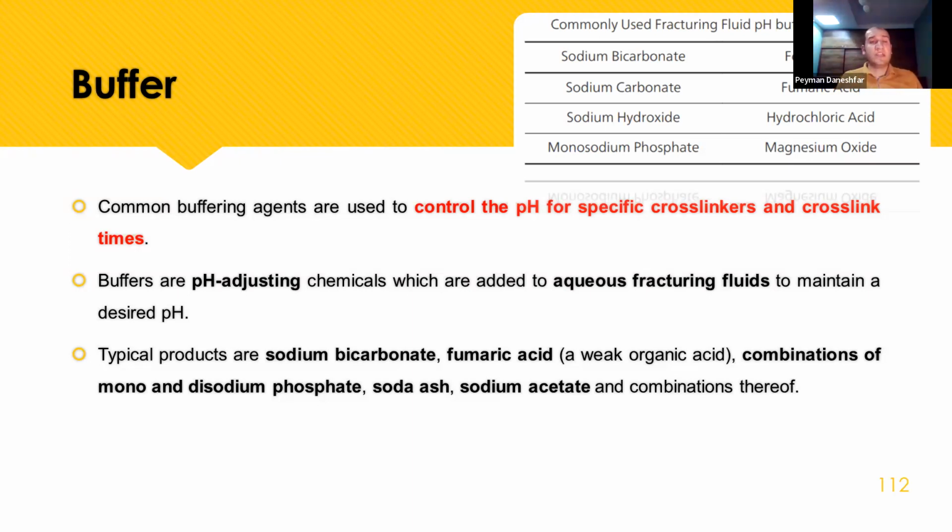In hydraulic fracturing, we use a buffer to control the pH for a specific crosslinker and crosslink times. It is a pH adjusting chemical for aqueous fracturing fluid to maintain the desired pH, commonly buffers such as sodium carbonate, sodium hydroxide, and monosodium phosphate.